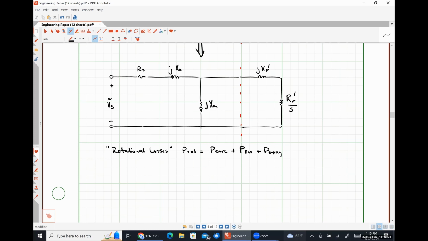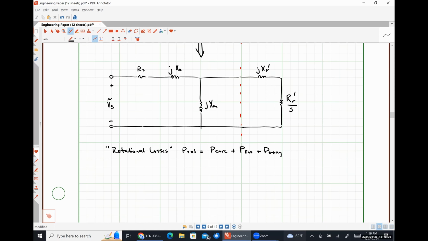Okay. So now what we're going to try to do is apply Thevenin's theorem to the stator portion of the equivalent circuit, so that effectively we're going to try to wind up with a single loop circuit so that we don't have to wind up setting up a system of equations and all of that kind of stuff to solve this thing.